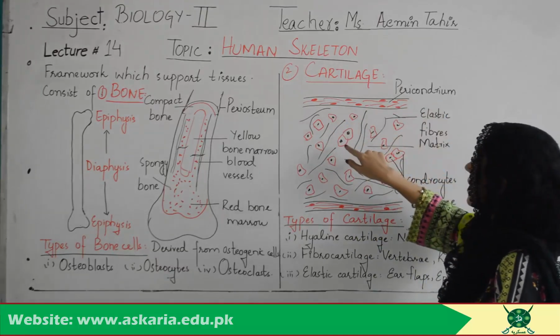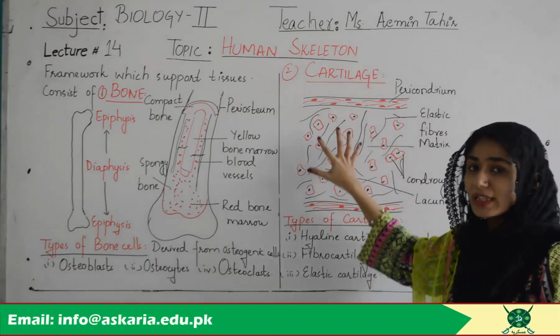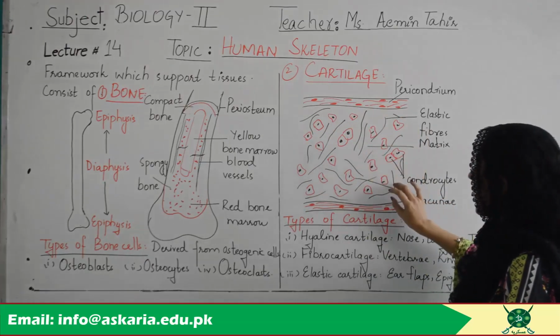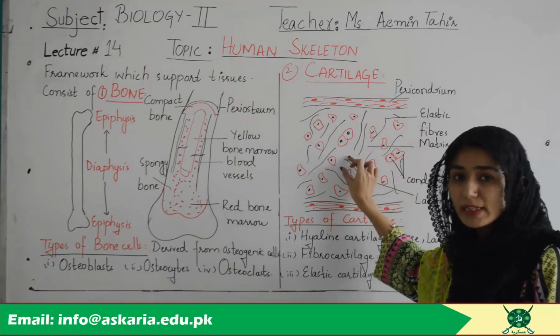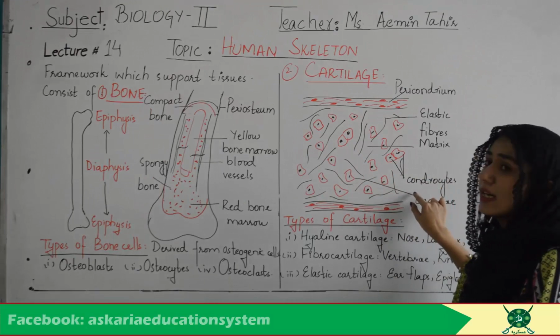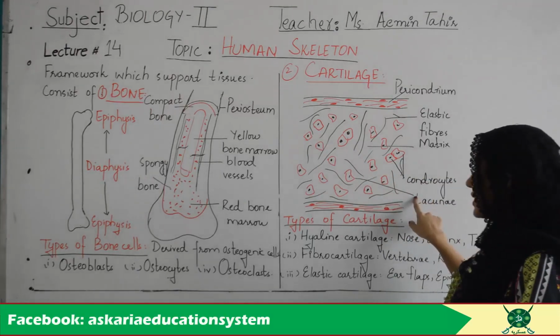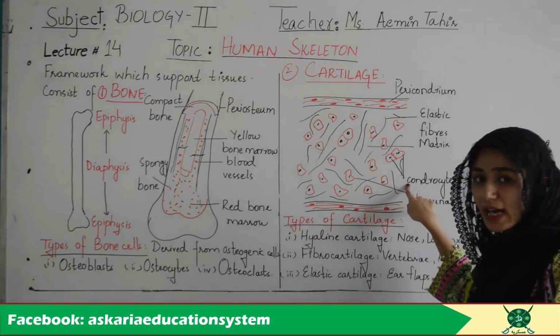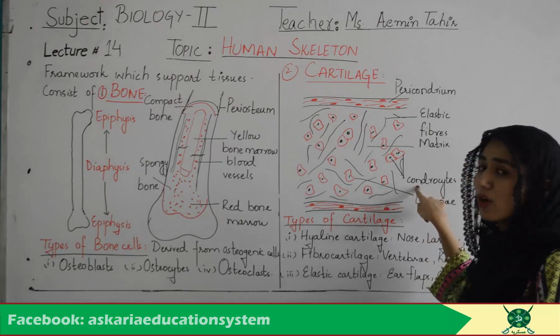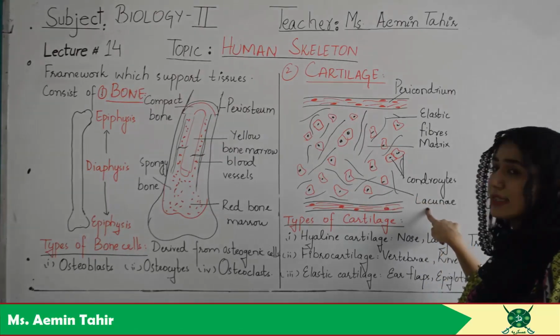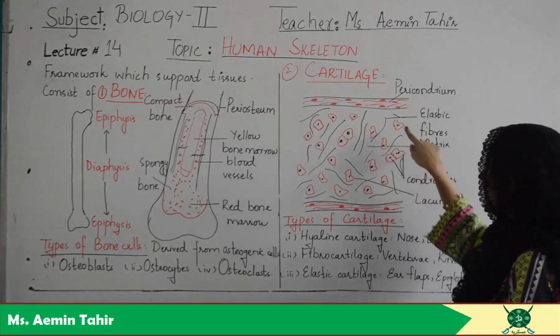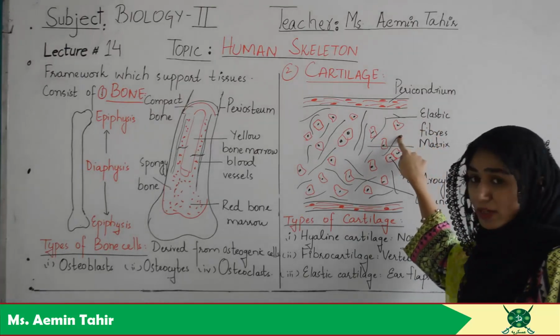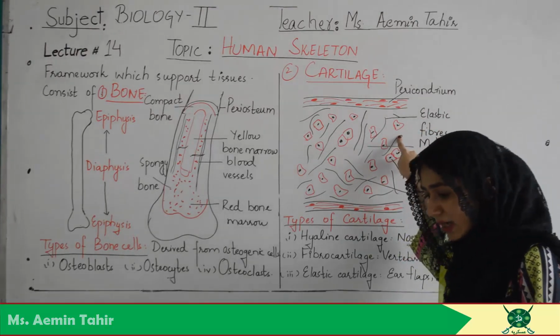It contains a gel-like matrix region in which we have certain compartments which contain the cells of cartilage. These cells are called chondrocytes, and the chamber in which chondrocytes are present is called lacuna. Along with it, we have elastic fibers which make it soft.